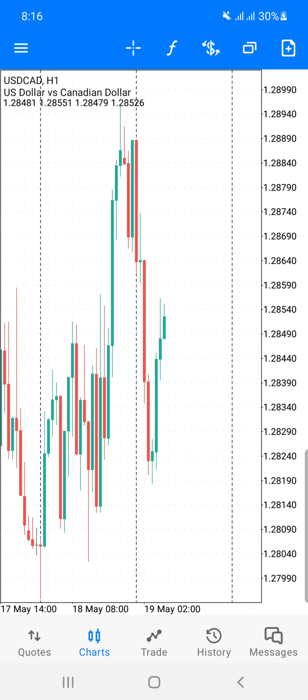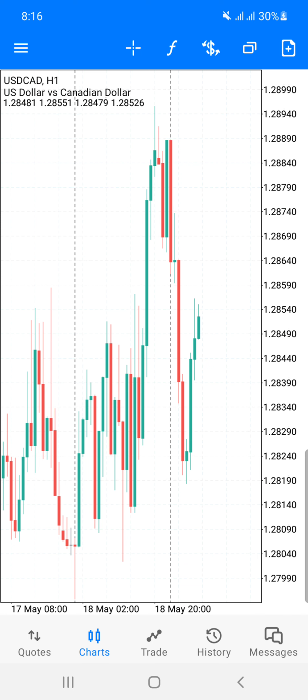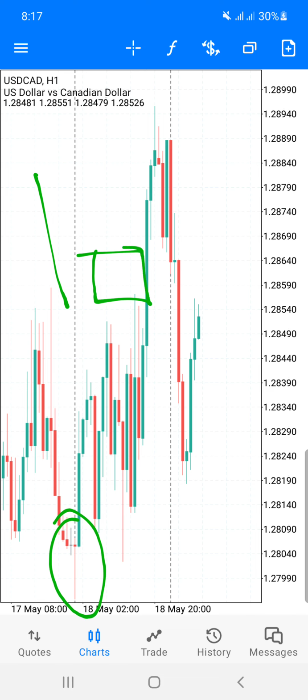Right now, let me use an example. If you notice, there's this big wick here. I think this is a hammer, because remember, hammer, it goes down, then it forms this pattern. No, this is not even a hammer.